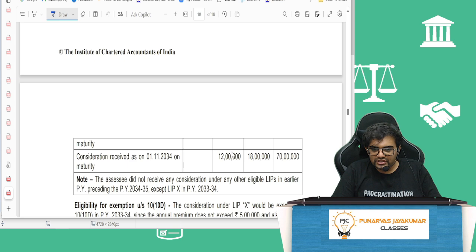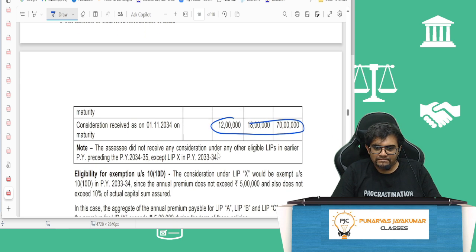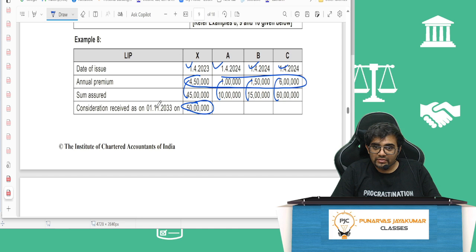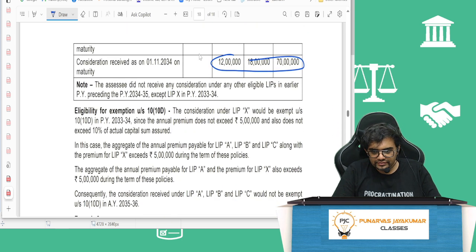This would be received in 34. Let's take one by one now. X it's received in 33 and individually also it's less than 5 lakh. So this is 100% exempt in 33. Is what is given here.